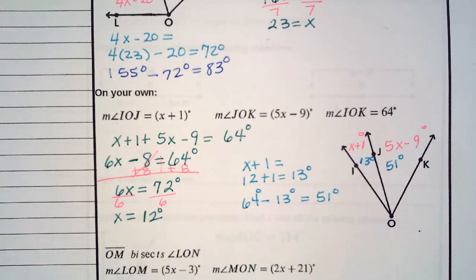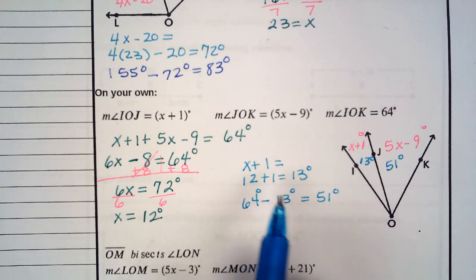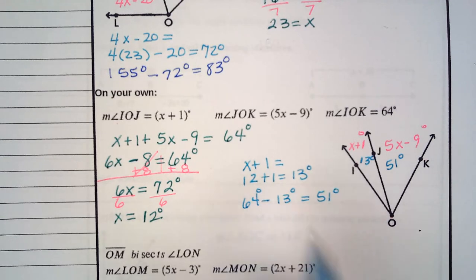And we're done. That one was not too bad to do with a lot of mental math. Then checking your answer. I don't think I need to check 12 plus 1 equals 13. I think most of us got that one.